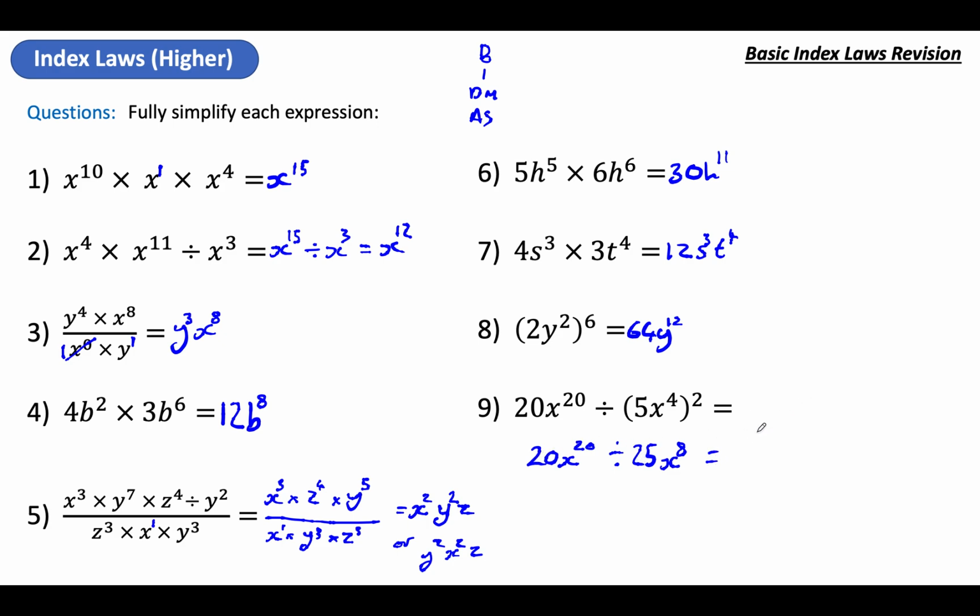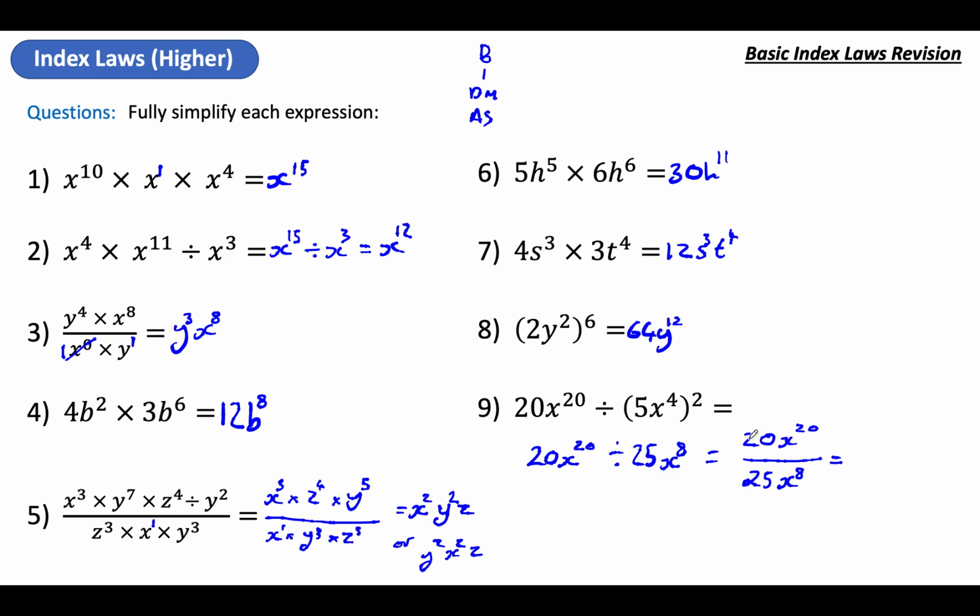So what I'm going to do here is write it out just like a fraction. Okay, now the x's are kind of the easy bit here, because x to the power of 20 divided by x to the power of 8 means I subtract. So the x power is going to be power of 12, 20 take away 8. But these don't neatly divide.